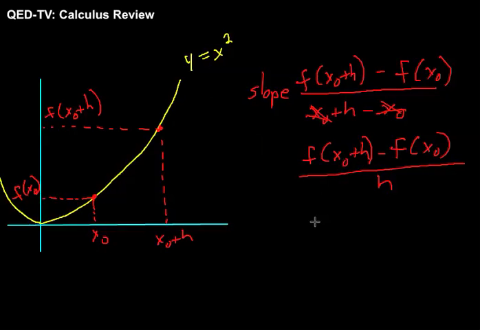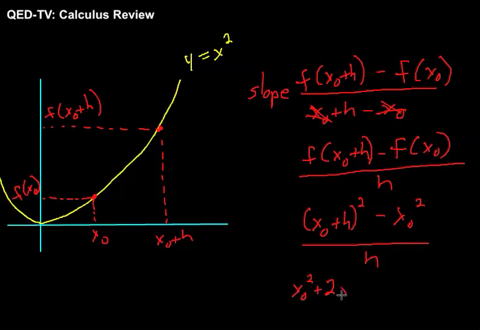Well, it's going to be x naught plus h squared minus, what's the function if you put x naught in it? Well, it's going to be x naught squared, all over h. And if I do this out here, I'm going to get x naught squared plus 2 x naught h plus h squared minus x naught squared, all over h.